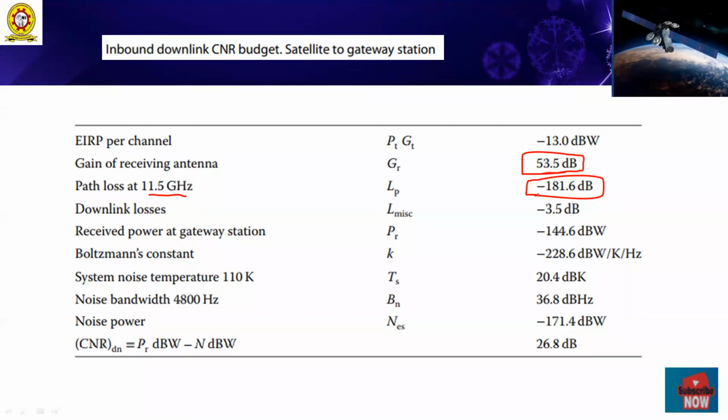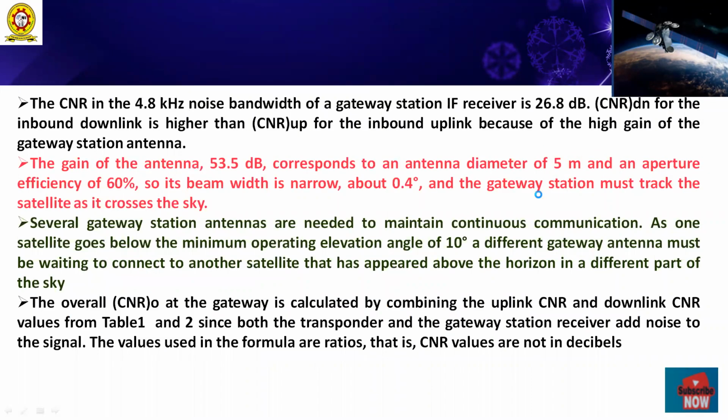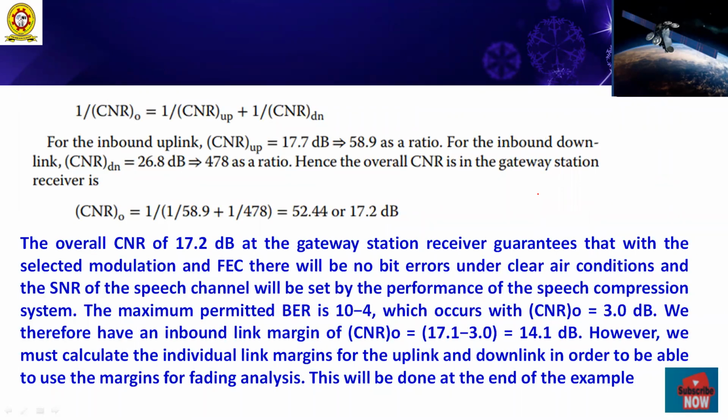In this way, the carrier to noise ratios are evaluated for better understanding. Here I mention how to evaluate the inbound link. We have 1 by CNR output equals 1 by CNR up plus 1 by CNR down.